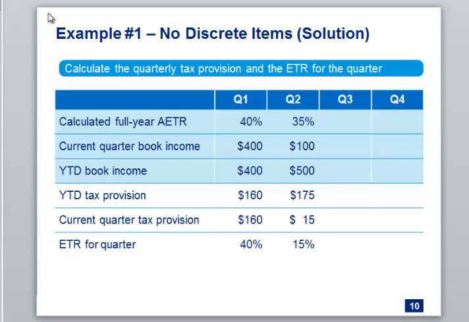All right? So why is that? Why is my rate 15%? Right, but why is it so low? Because I thought my rate was going to be 35%.